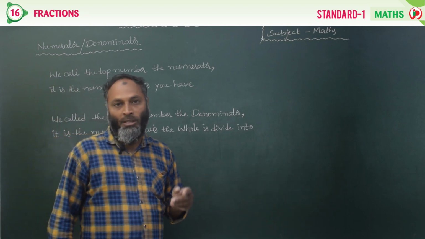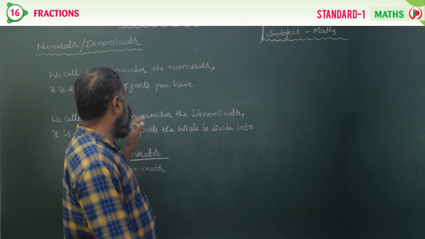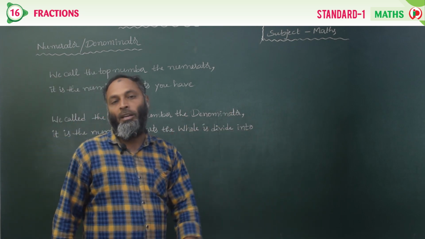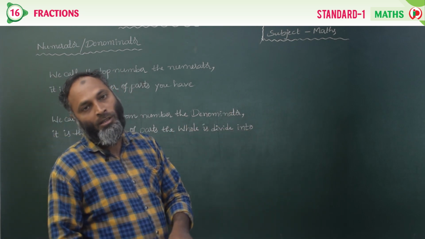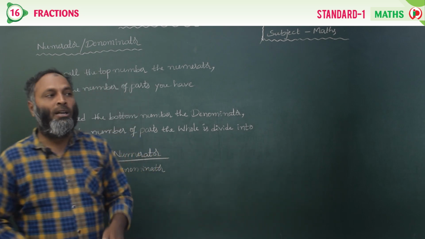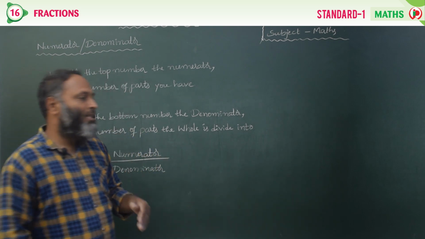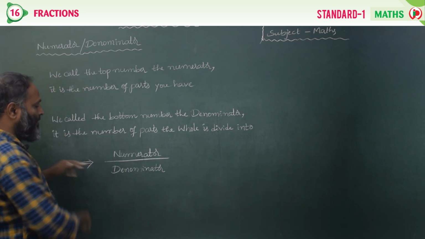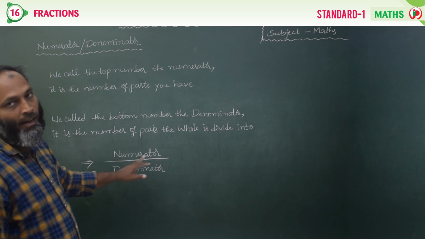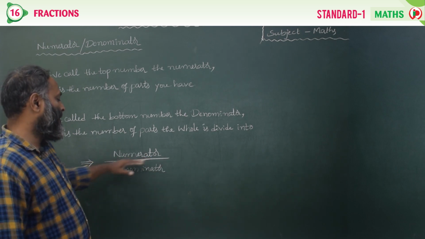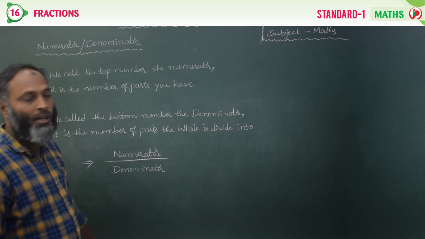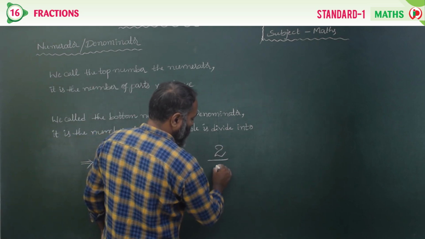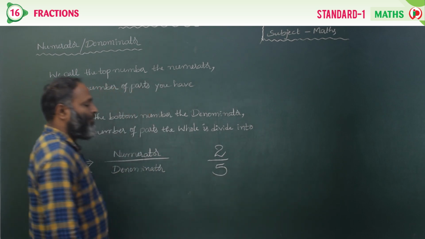Then how to remember this? Denominator means down. It is the down part, the bottom. In a fraction, the first one is the numerator, which we have. The down one is the denominator, that is always down. Suppose 2 by 5 is a fraction.